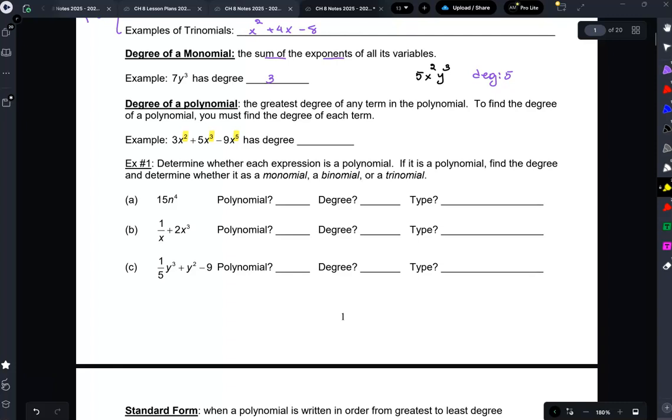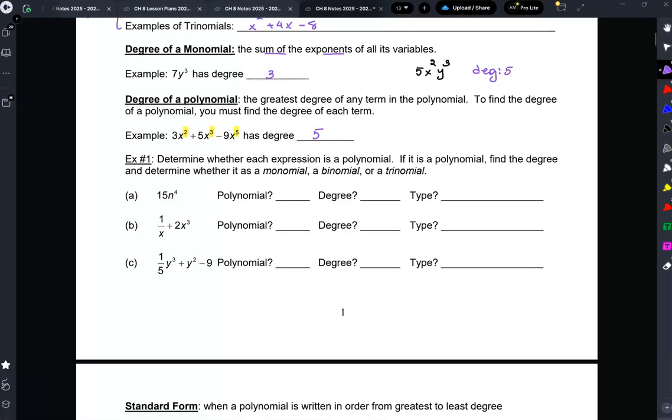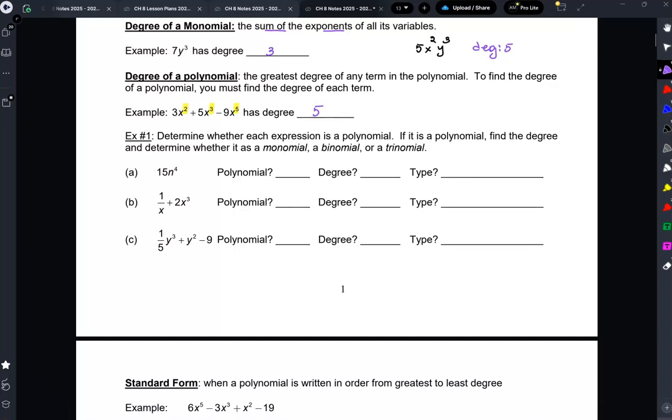Okay, the highest one is the degree of the entire polynomial. So we never say what is the highest degree of the polynomial. We only say what is the degree, and it's implied that it's the highest exponent or the sum of the highest exponents. Like added and subtracted? No, because you consider each monomial separately.